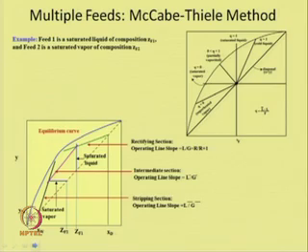Based on that we can say where the feed line will intersect. Consider two feeds, feed 1 which is a saturated liquid of composition ZF1 and feed 2 which is a saturated vapor of composition ZF2. So, for saturated vapor at a particular feed, the Q line slope would be 0, and for the saturated liquid Q would be 1.